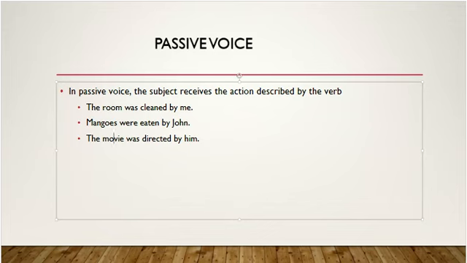Now when it comes to usage, when should you use what? In certain scenarios, when you don't know the exact subject, you can change it into a passive voice. Let me give you an example. You can say, the street was cleaned. When you say this, you don't know who cleaned the street. If you want to describe the situation and you don't know who cleaned the street, how can you say?